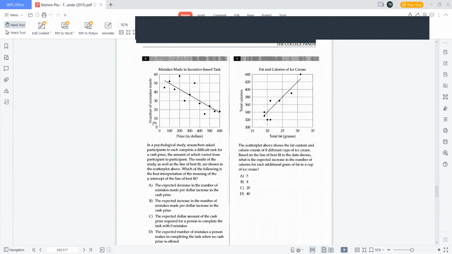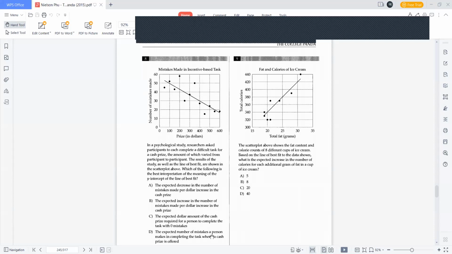Sir, B has gone to the dumpster. D makes a lot more sense because it's more mistakes for less money. So yes, the answer is D, because at the y-intercept, the price is $0, right?